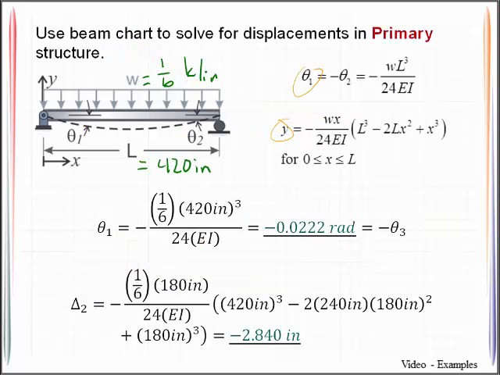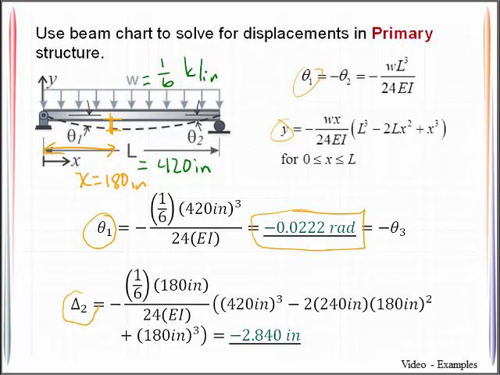So we will also be interested in knowing what the deflection is out here at this location, which is at a distance of x equals 180 inches. Okay, so you'll notice that we've got this theta 1 going on, and you'll see what kind of rotation we get for that.